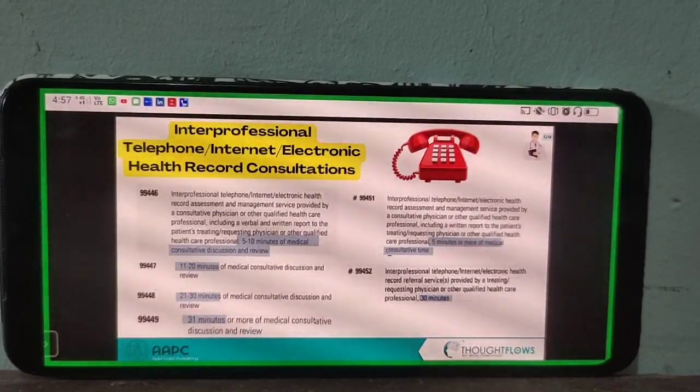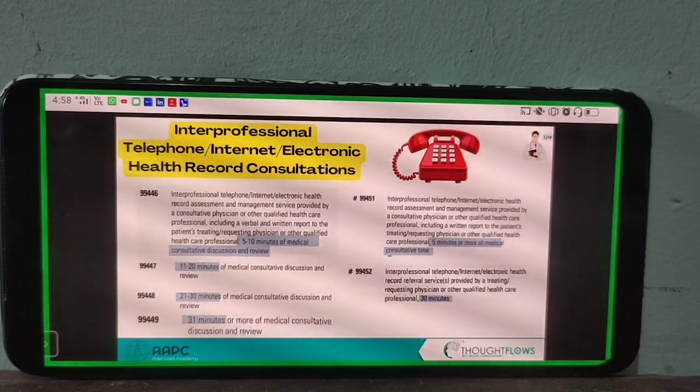Here the patient gives the query through mail, and the doctor gives the response for that patient. That's it. This is without verbal communication; they communicate through written report only. Did you understand?